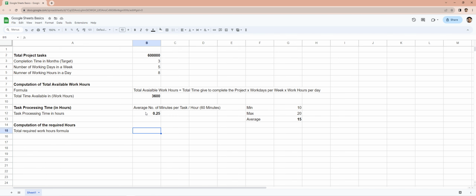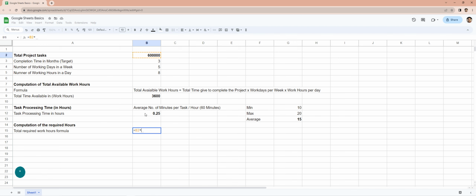I'm again using the equal to sign, which says that I'm writing a formula, and here I'm going to take the total number of tasks, that is the project tasks which we have, multiplied by the average time needed to process a task.